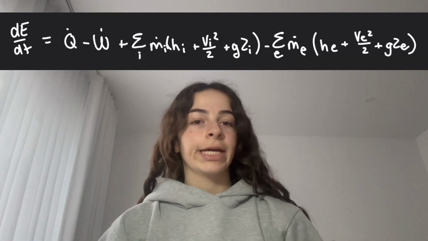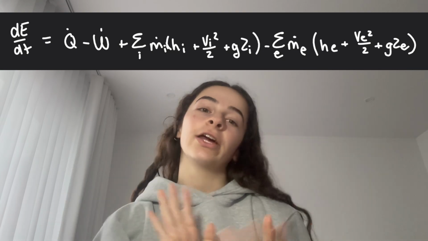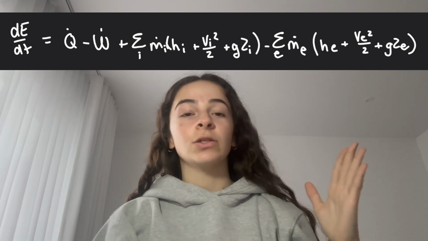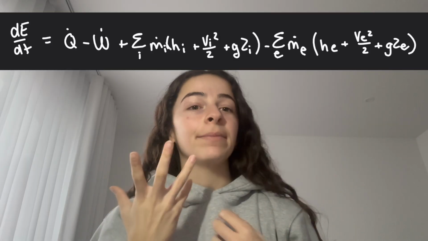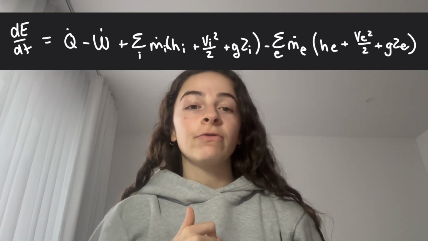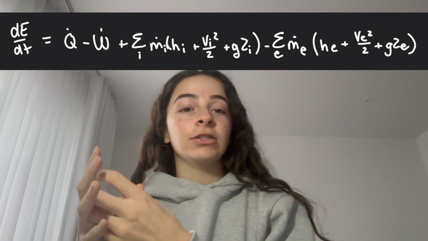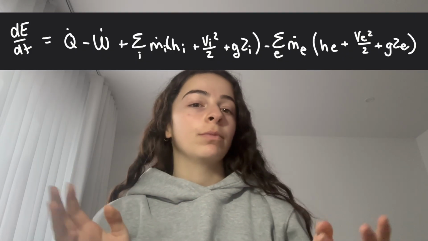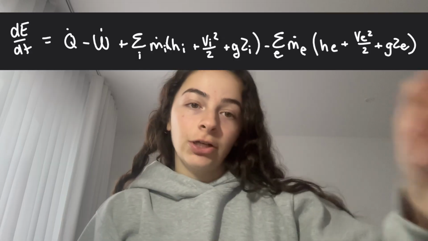The potential energy can also be ignored if the height difference is super small, which most of the time it is, or if its value is way smaller than the enthalpy value, just as with kinetic energy.